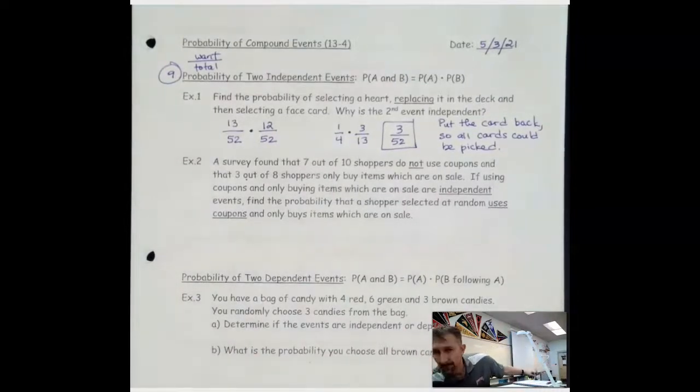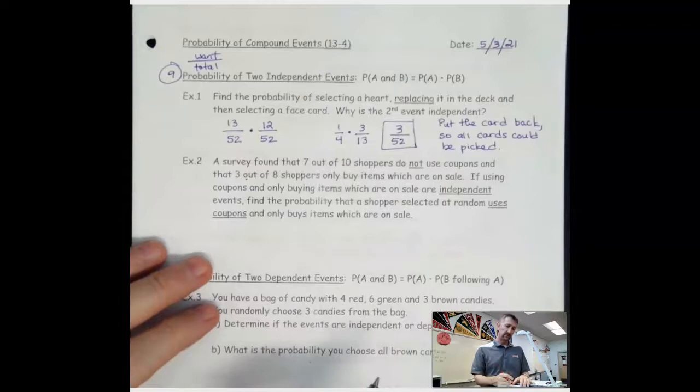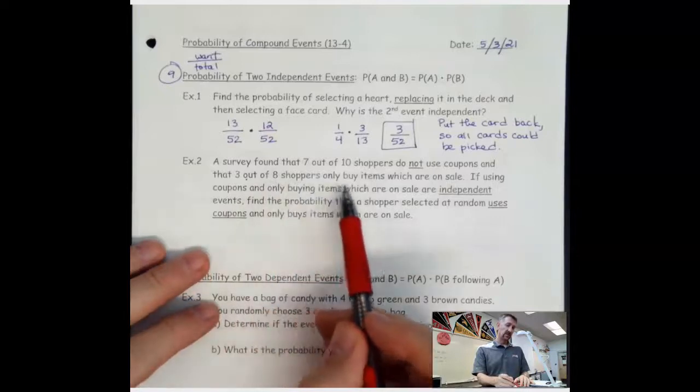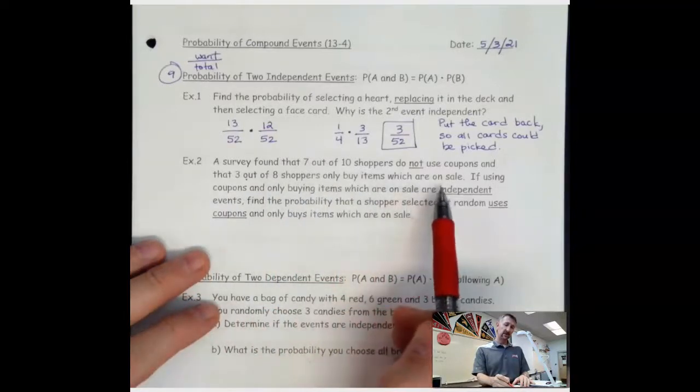So, the second question. A survey found that 7 out of 10 shoppers do not use coupons, and that 3 out of 8 shoppers only buy items that are on sale.